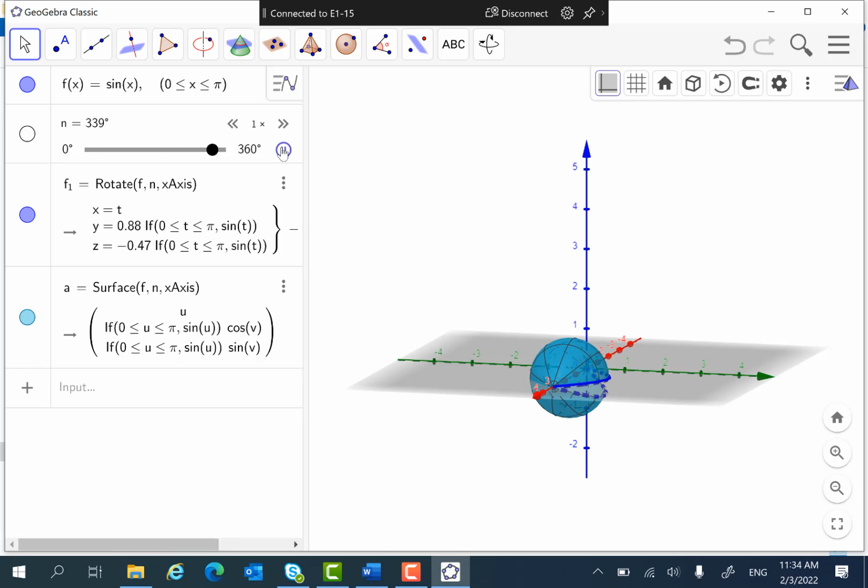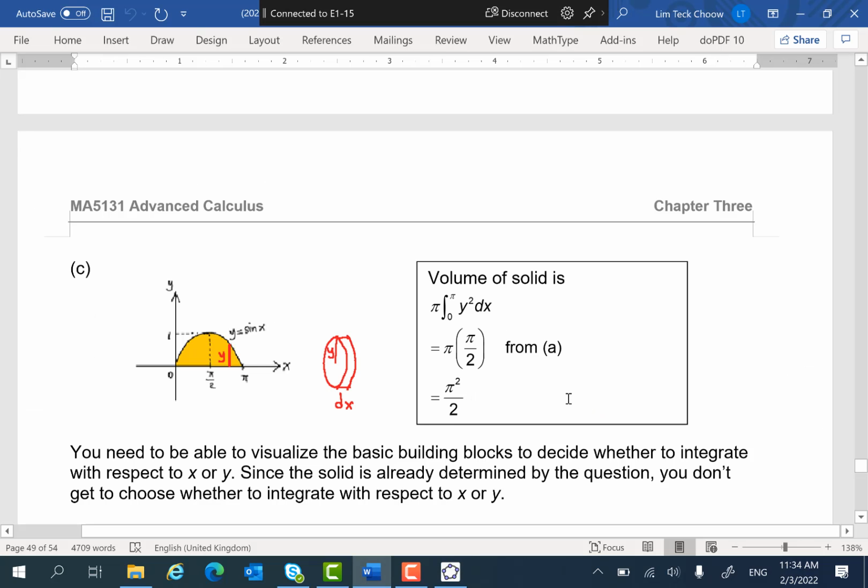Okay, so based on what you have understood previously, to find the volume when it's rotated about the x-axis, we have this nice formula.